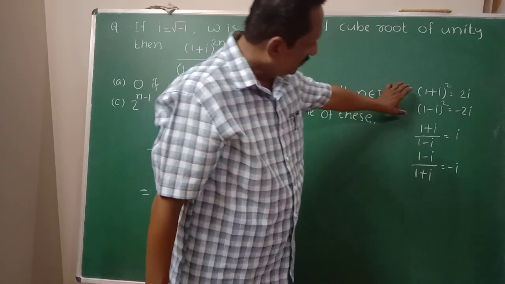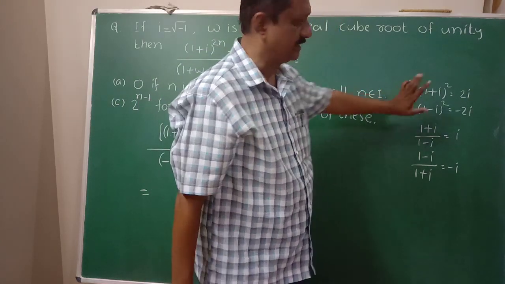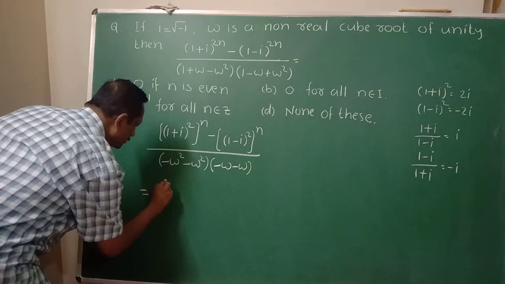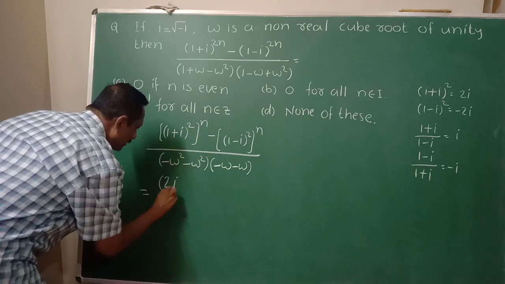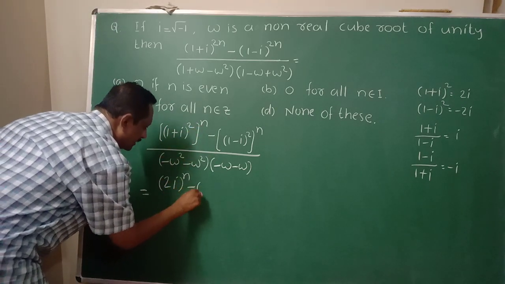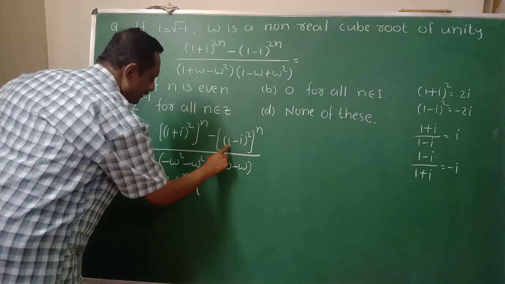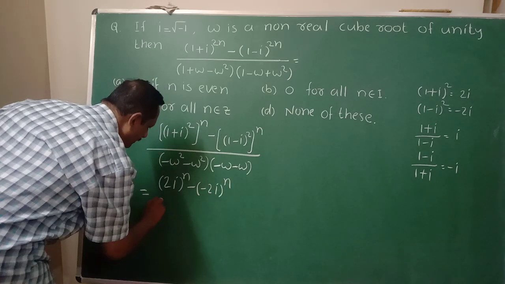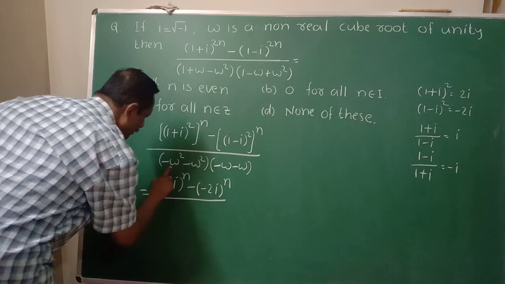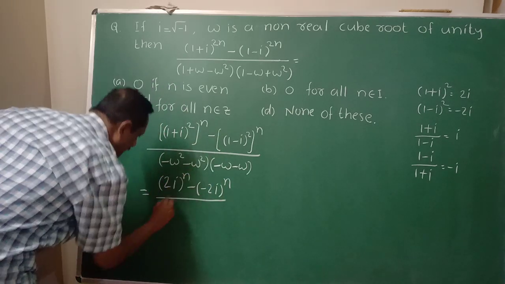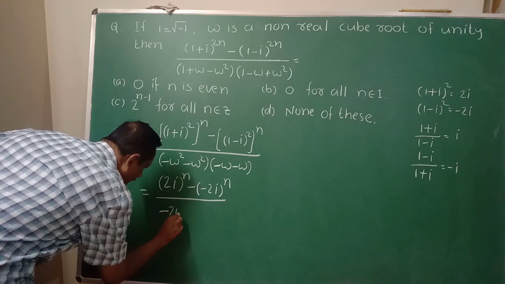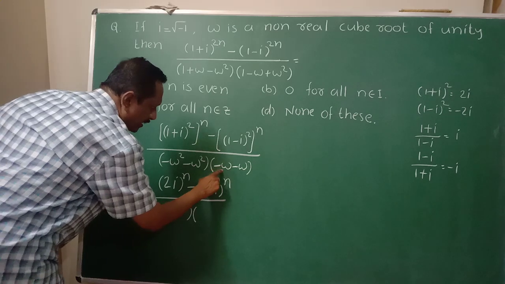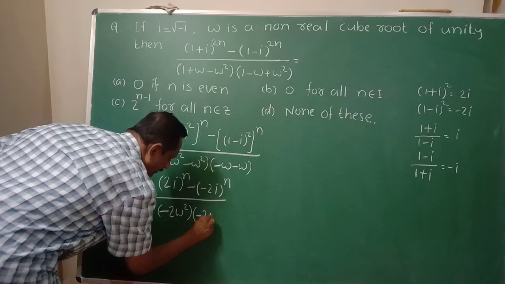Here we are using these two terms. Therefore it is (2i) raised to n, minus (minus 2i) whole raised to n, divided by minus omega square minus omega square, minus 2 omega square minus omega minus omega minus 2 omega.